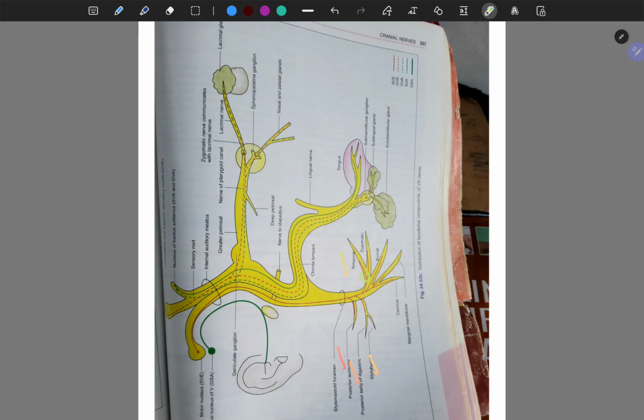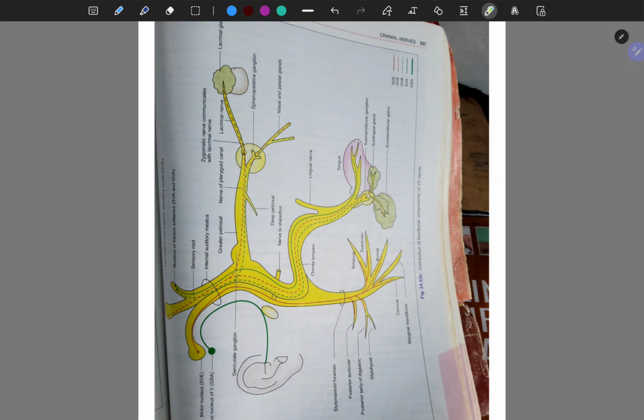It divides into zygomaticotemporal and cervicofacial branches. Zygomaticotemporal divides into temporal and zygomatic branches. Cervicofacial divides into buccal, marginal mandibular, and cervical branches.